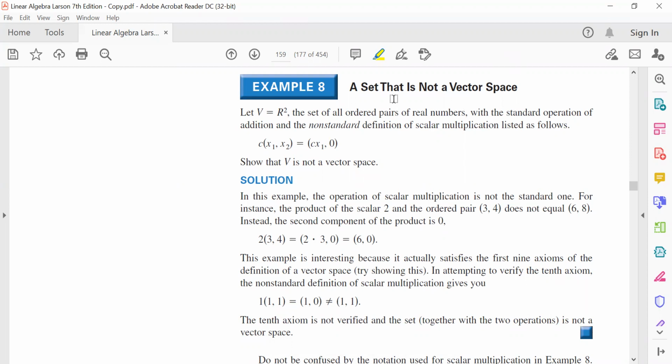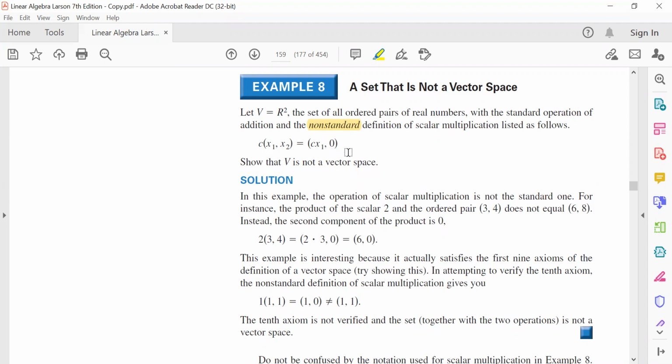Here's a set which is not a vector space. V is equal to the set R2, which is ordered pairs of real numbers. It has a standard operation for addition, and it has a non-standard definition of scalar multiplication, where C times X1 comma X2, the same thing as X comma Y, is equal to CX1 comma 0.